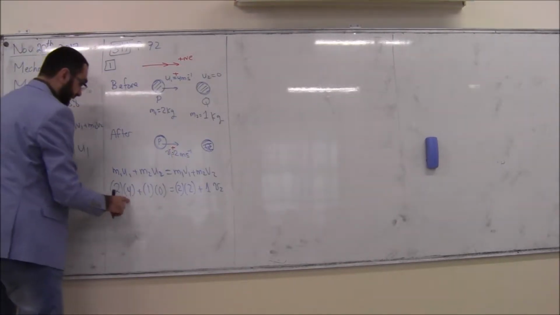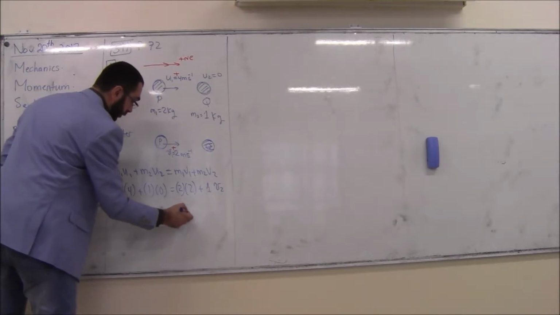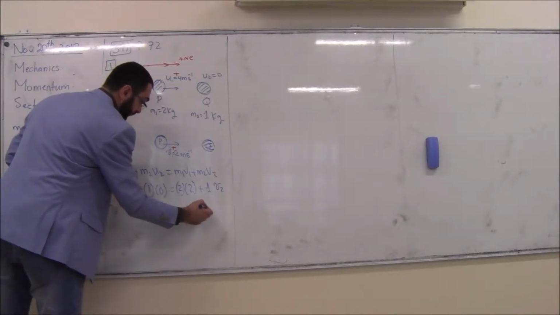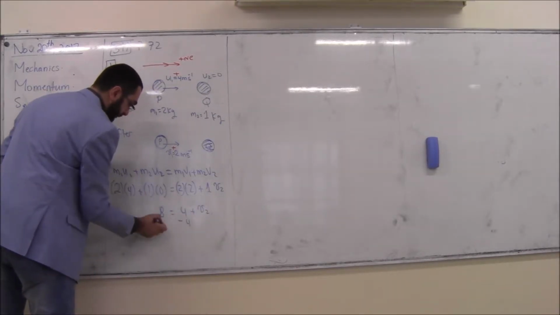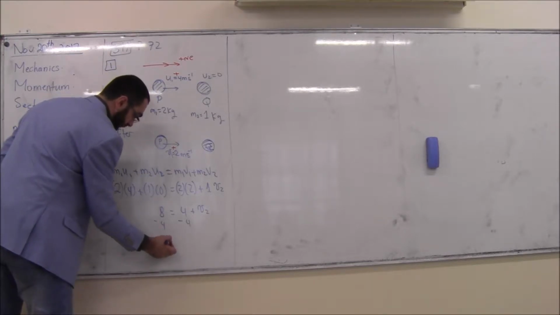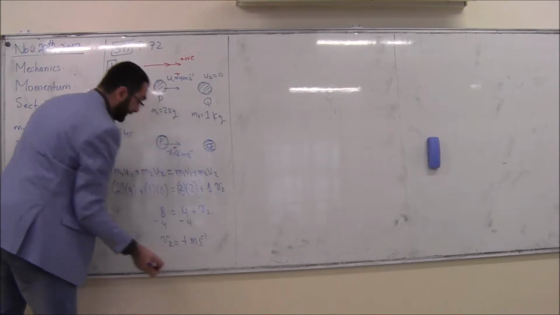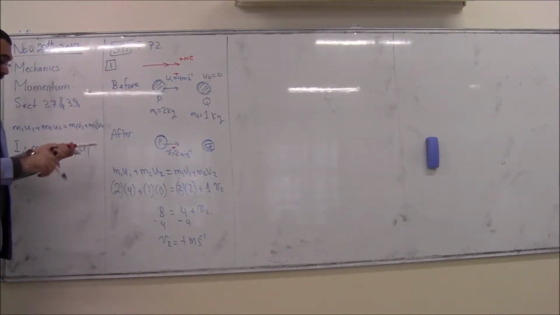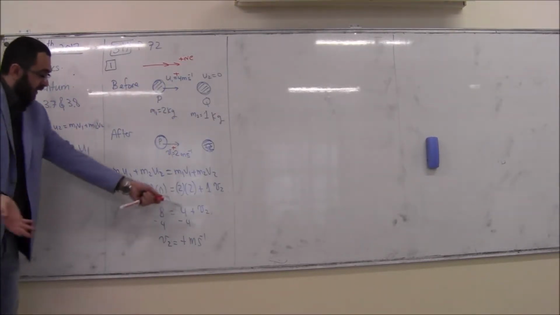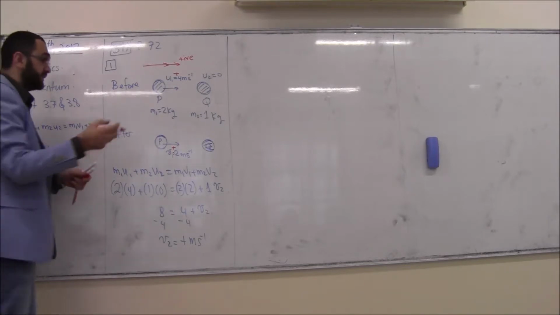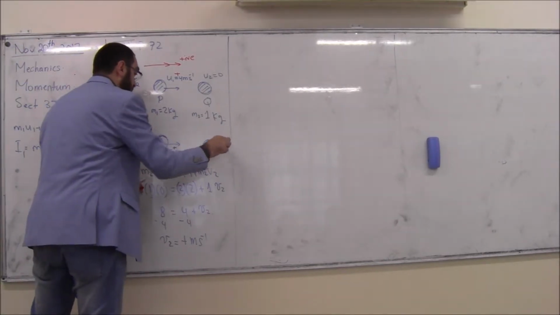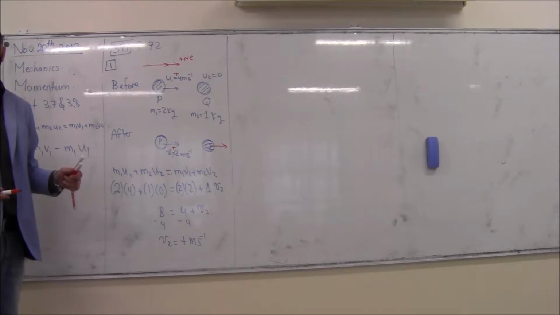So this becomes 8 equals 4 plus V2, so V2 equals positive 4. This means that Q is moving also in the positive direction.